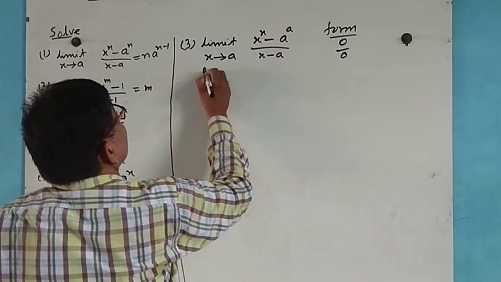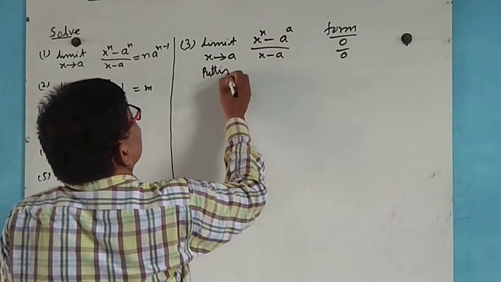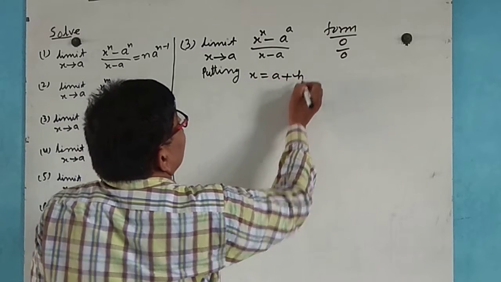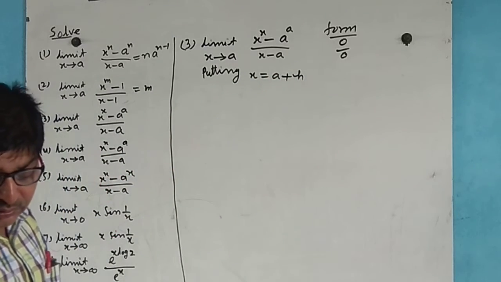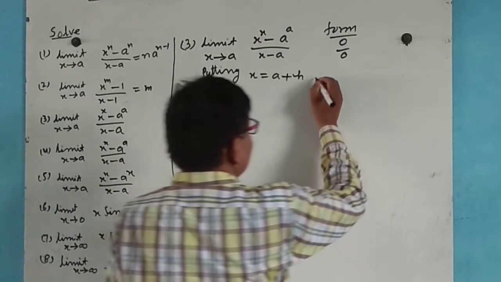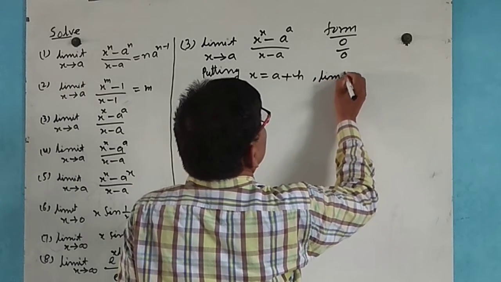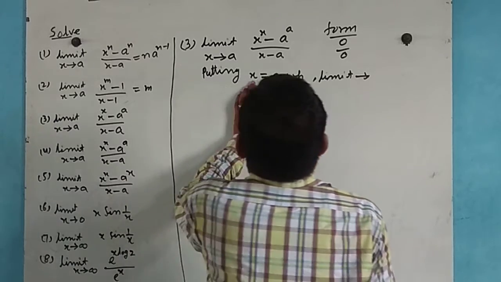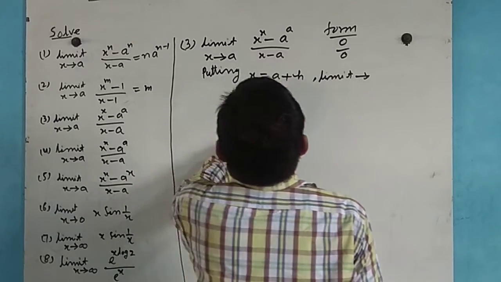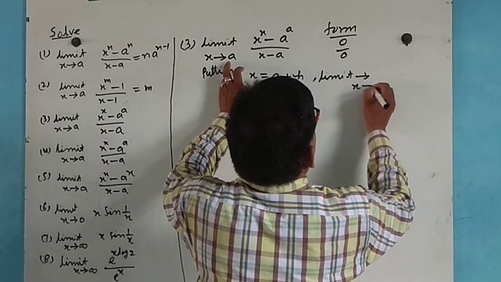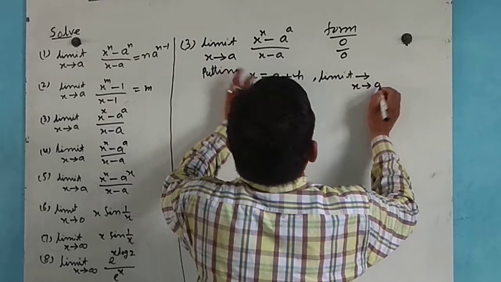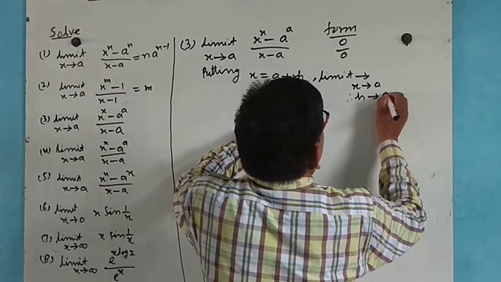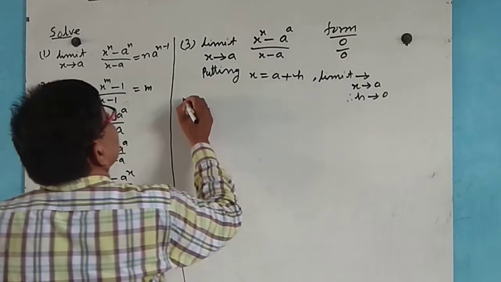Now putting x equal to a plus h, limit x tends to a means h tends to 0.